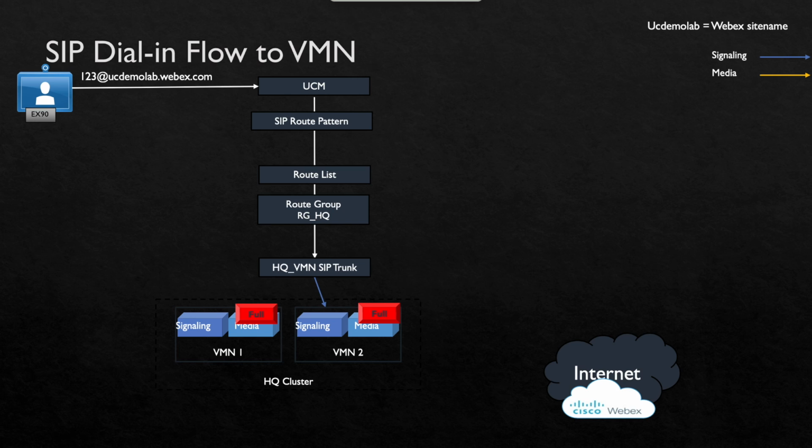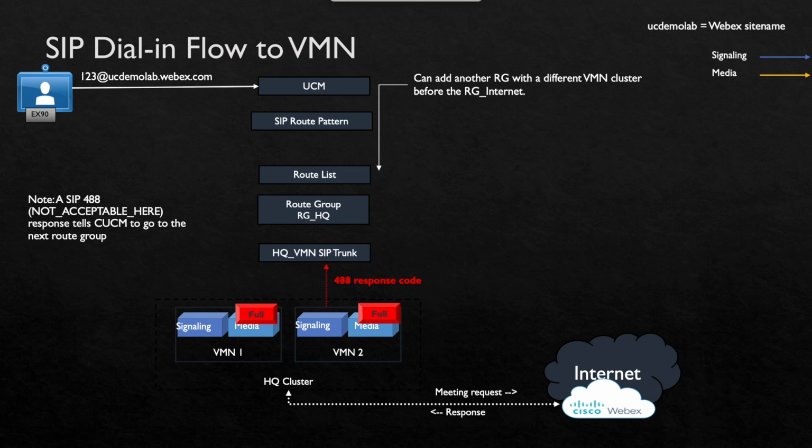Well, the Video Mesh node will still send the signaling out to the cloud, hey, someone's trying to establish a meeting, but the response that comes back from the cloud is going to be a 488 error code, which essentially says, sorry, you don't have the resources for it, you need to find another way to connect, right? This is not an acceptable route. You need to look for an alternative route.